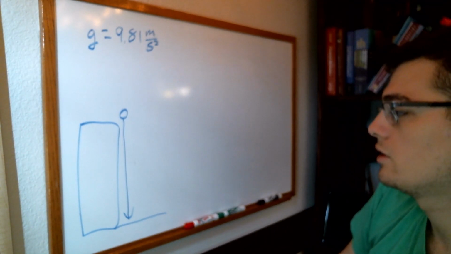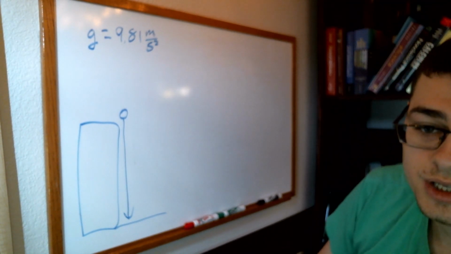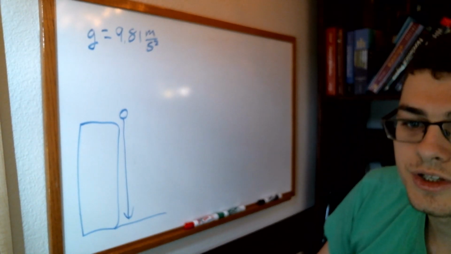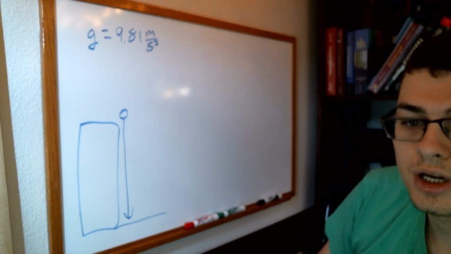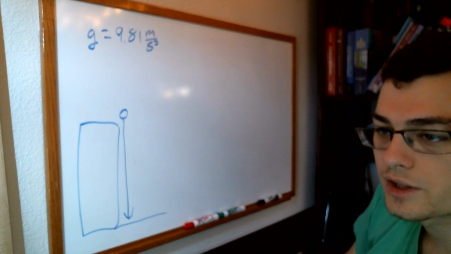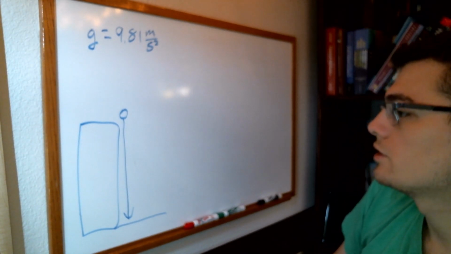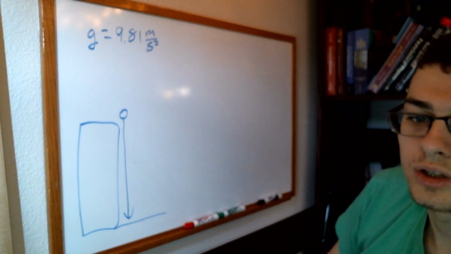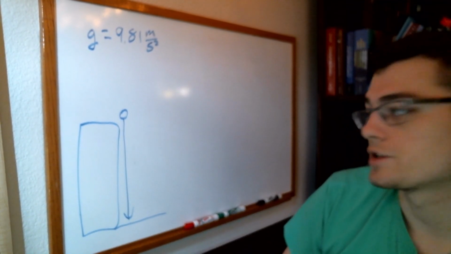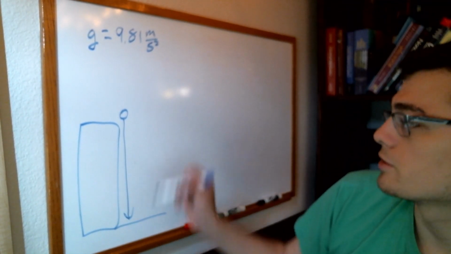We can find out its position at any point in time. But for our purposes here, we're just going to try to find its velocity at the bottom here. So first of all, how long does it take for this ball to hit the ground? That's going to be our first problem. So we're going to try to find t.